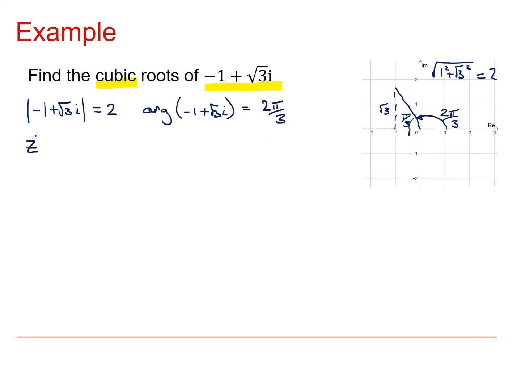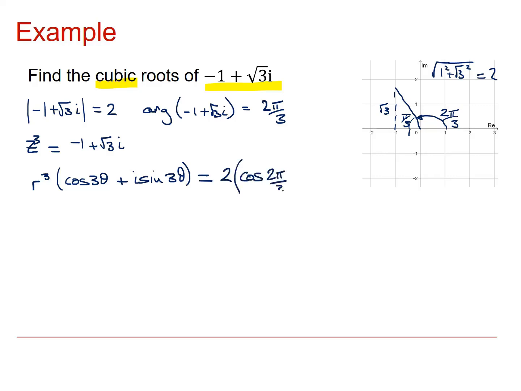So I'm trying to solve z cubed is equal to minus 1 plus root 3i. If I think of z as being r (cos theta plus i sin theta), I'm going to get r cubed (cos 3 theta plus i sin 3 theta) is equal to 2 (cos 2 pi by 3 plus i sin 2 pi by 3).